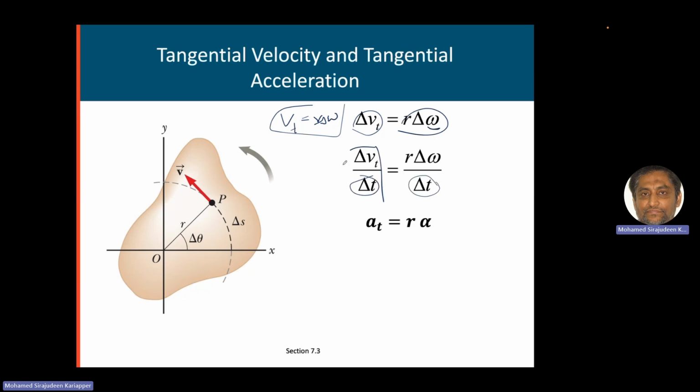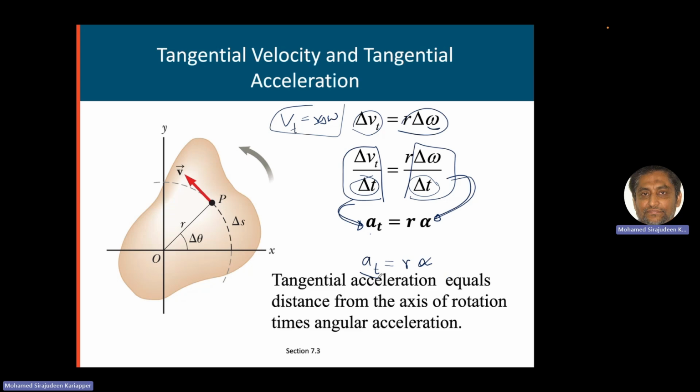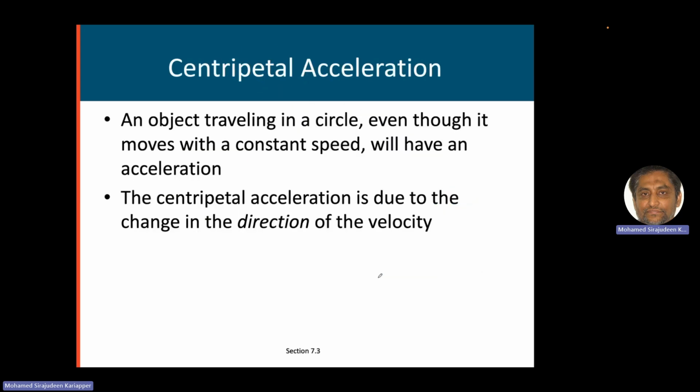And now you recognize this to be the tangential acceleration and this to be the angular acceleration. So now we have a similar relation between the accelerations. Tangential acceleration equals the distance from the axis of rotation multiplied by the angular acceleration.